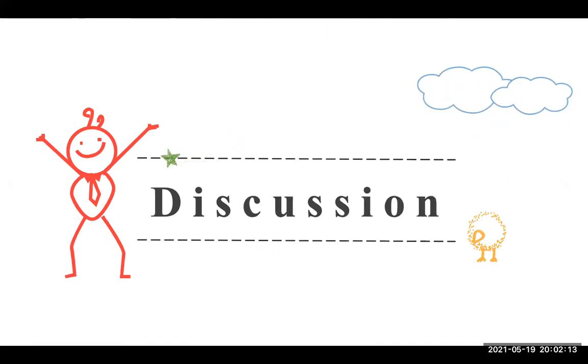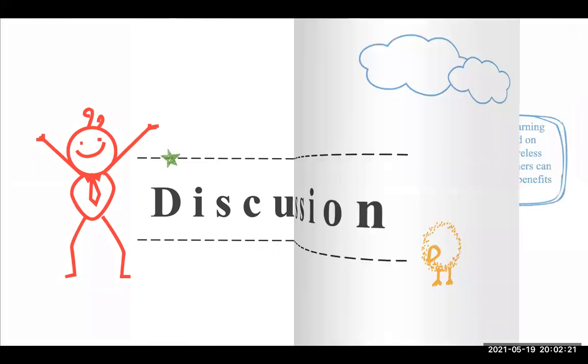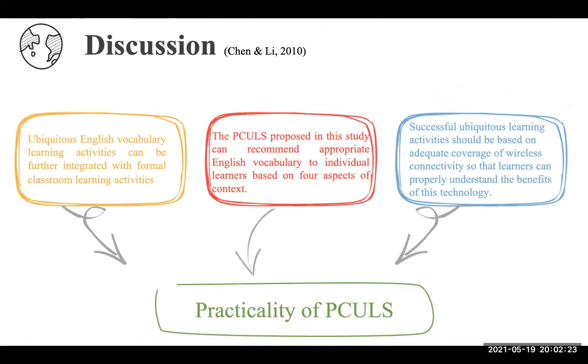And the next part is discussion, which is focusing on the practicality of PCOS. From this system, we can know that ubiquitous English vocabulary learning activities can be integrated with classroom learning.